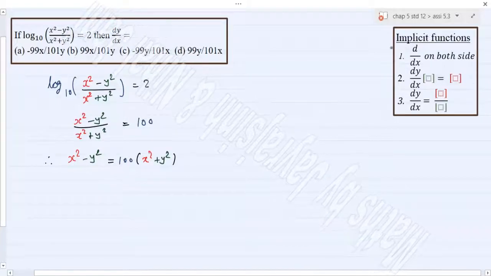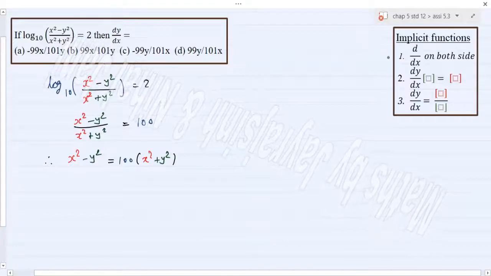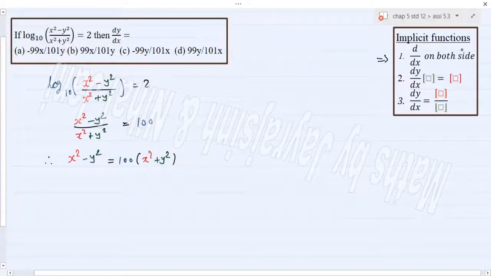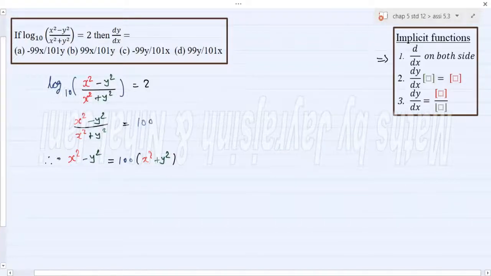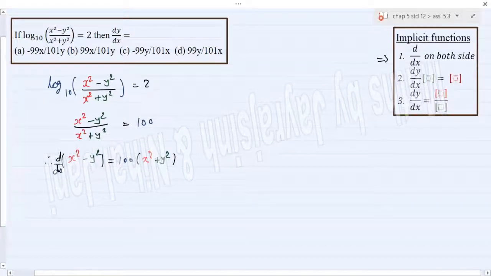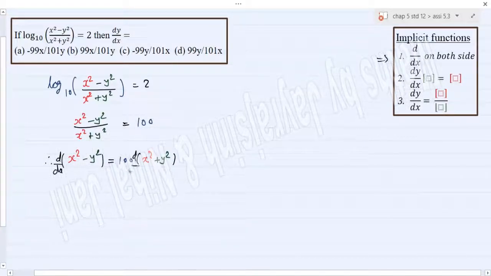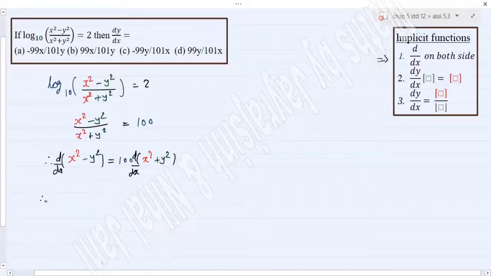Now we are ready for following the steps because we get the simplest form of our implicit function. Our first step is to differentiate both sides with respect to x. So d by dx on the left side, and 100 is constant, we don't have to worry about it. We just have to differentiate x² + y².